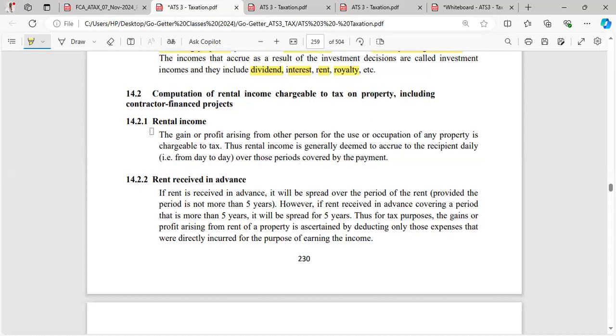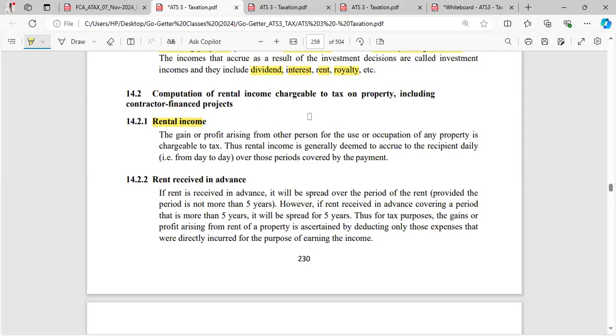Now, let's look at rental income. The gain or profits arising from another person's use of your property is a rental income, and this rental income is chargeable to tax.